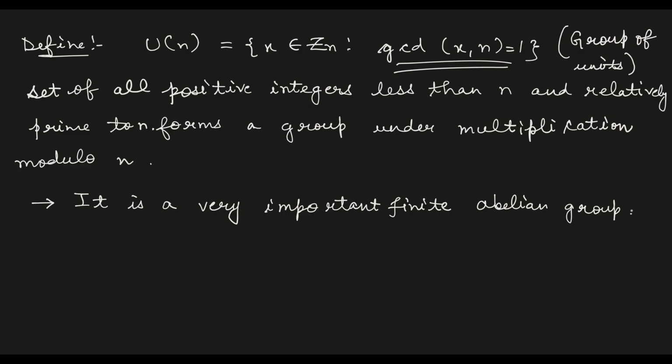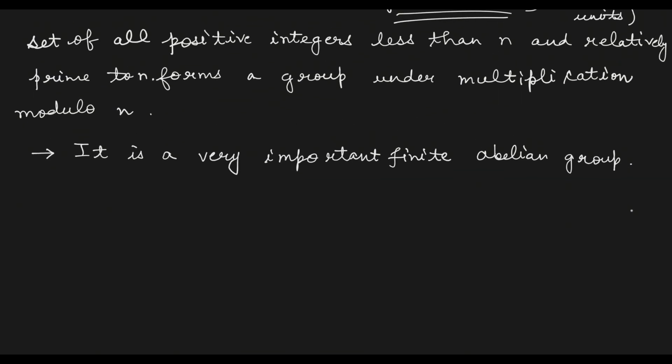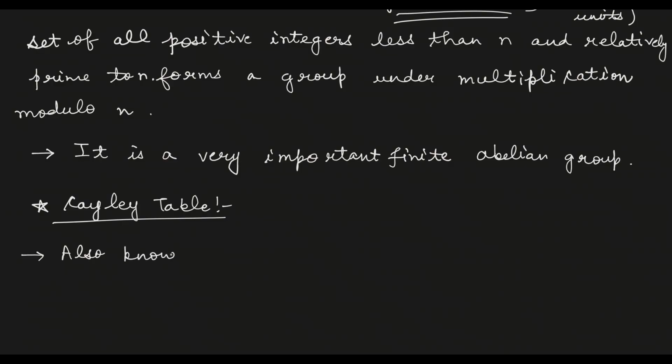Next is Cayley table. It is also known as multiplication table. Do you remember Cayley's table? Okay, you don't remember? No problem, we will do an example now and then it will be clear.